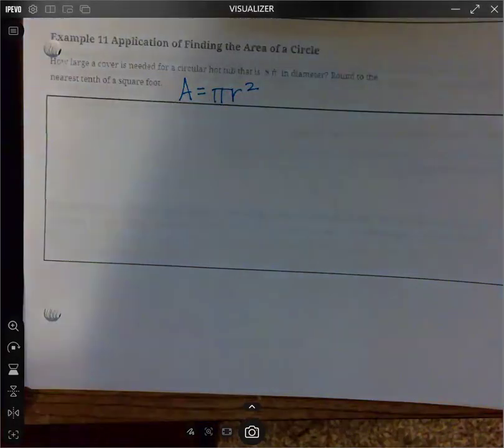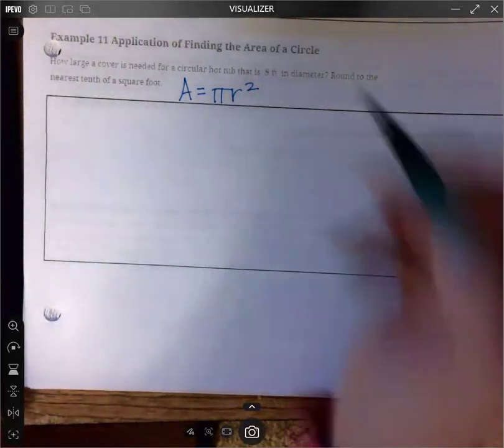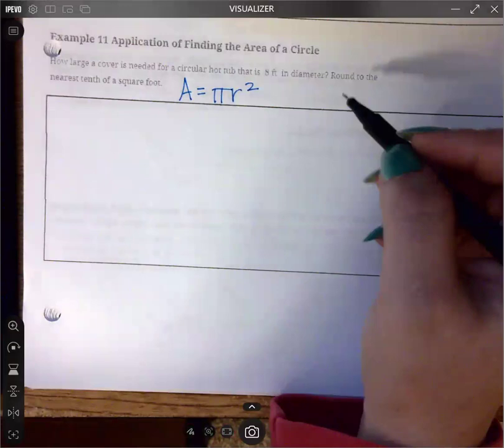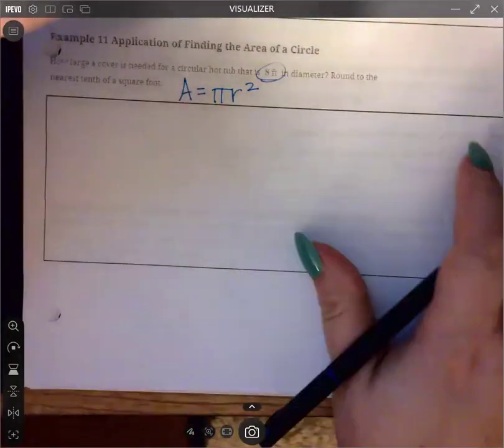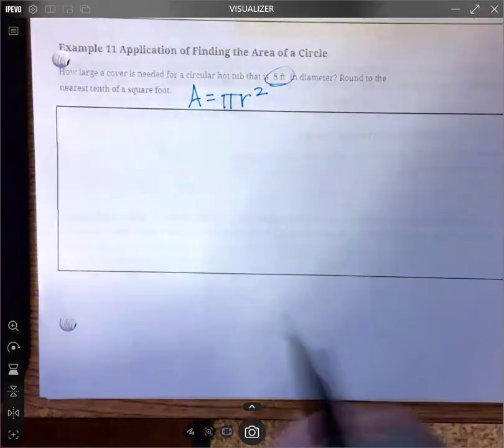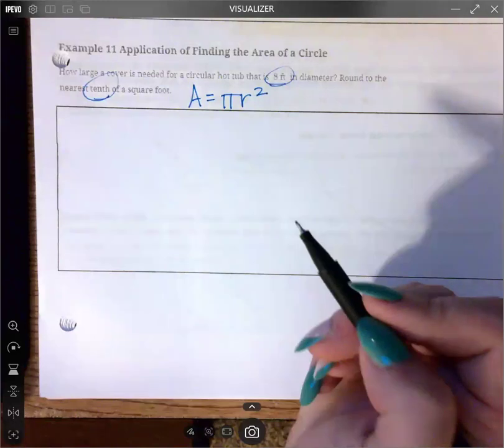All right, our application for area of a circle. How large of a cover would be needed for a circular hot tub that is 8 feet in diameter? We're going to round to the nearest tenth, or 1 decimal place.